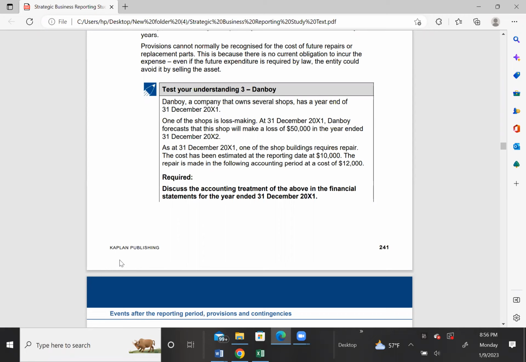Similarly, for the future repair and maintenance cost, we also do not recognize any provision. So no provision of repair and maintenance equivalent to $10,000 will be made in 20X1. Rather, when we incur the actual repair and maintenance cost of $12,000 in X2, it will be directly expensed in the profit and loss account. Expense will be debited, bank would be credited. That would be the appropriate treatment.